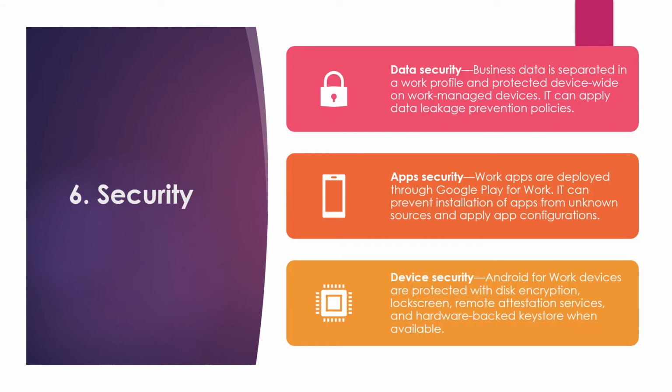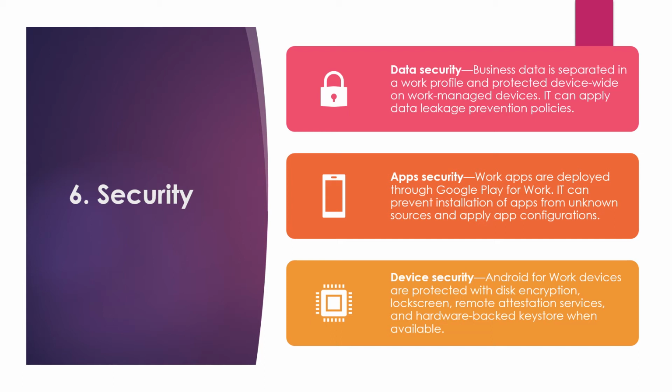Security. When an Android mobile is used for personal purposes, especially an organization's mobile, there will definitely be challenges in security, so the security aspect is always taken care of here. Data security: business data is separated out in the work profile and protected across device-wide or work managed devices.